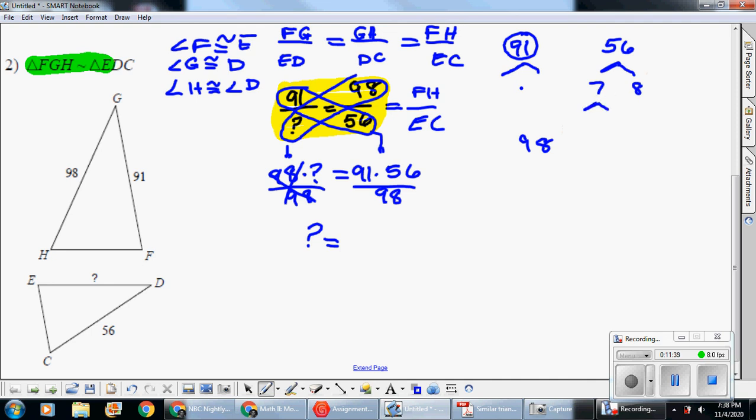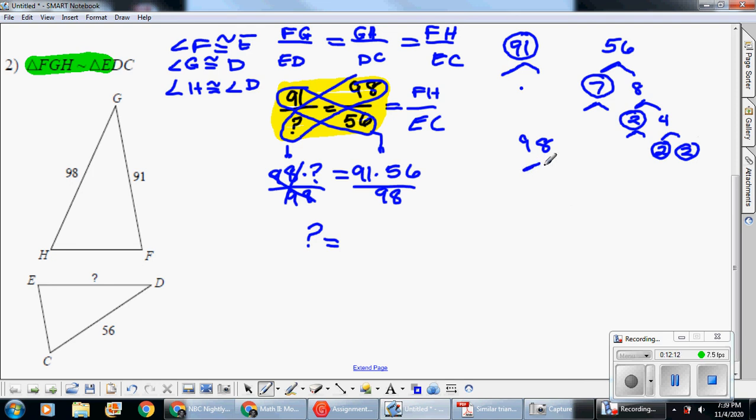Factors of 7, cannot use 1 or 7. So that's prime. Factors of 8 will be 2 and 4. Factors of 2, cannot use 1 or 2, so that's prime. Factors of 4 will be 2 and 2. And we know that 2 is prime already. So I'm done with all prime numbers.